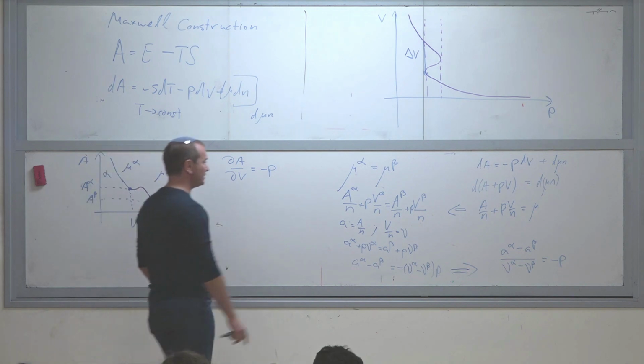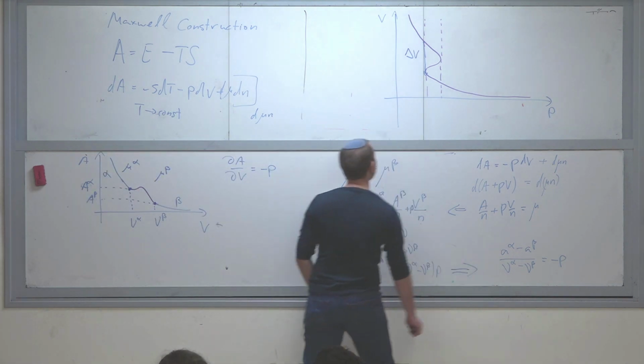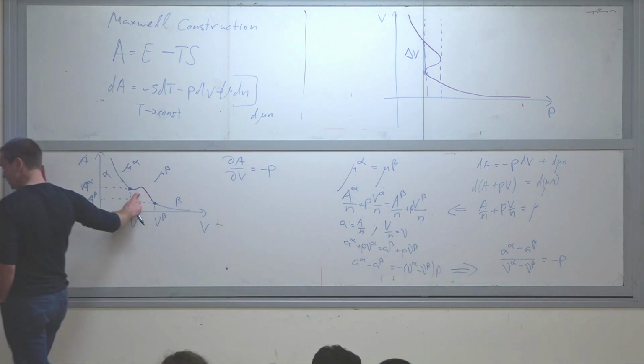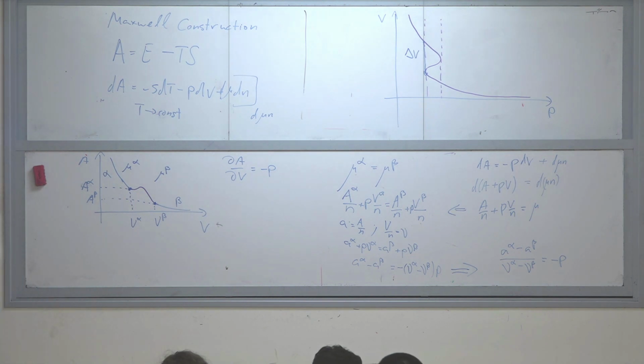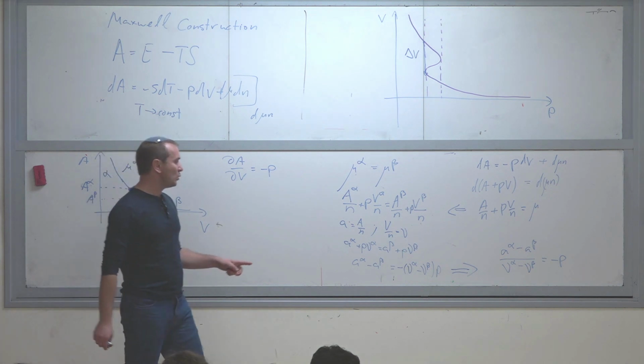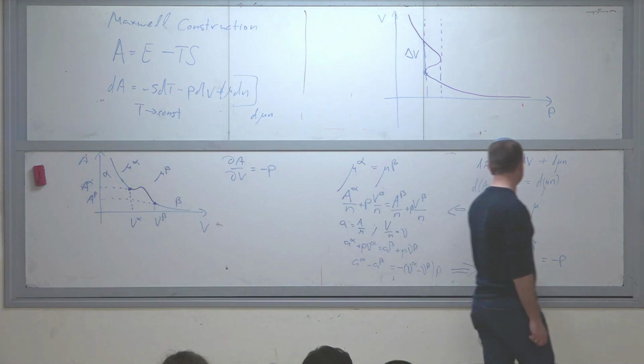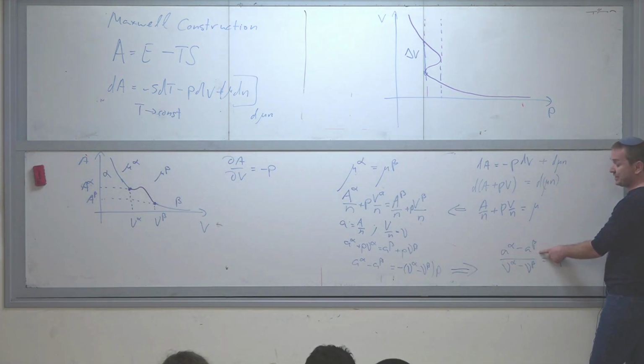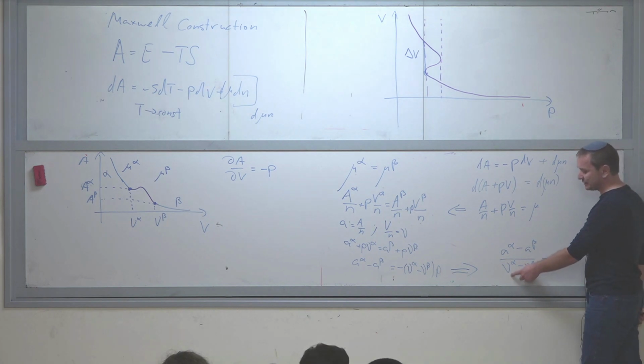So we have this equation over here. What does it mean? Let's go back to this plot over here. We don't know what A alpha is. We don't know what A beta is. We don't know what mu alpha is, and we definitely don't know what mu beta is. We don't know all of these guys over here.